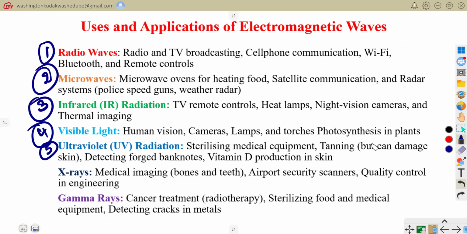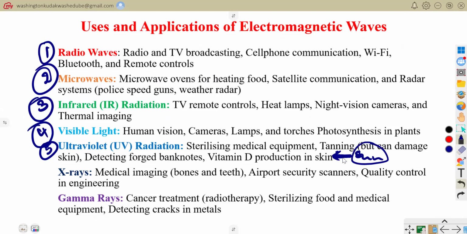And then we can also use it for tanning. But mind you, when it comes to tanning, this can also damage our skin. We can also use it for detecting forged banknotes. We can use it for vitamin D production in skin. Especially pregnant women are usually recommended to go and bask in the sun.